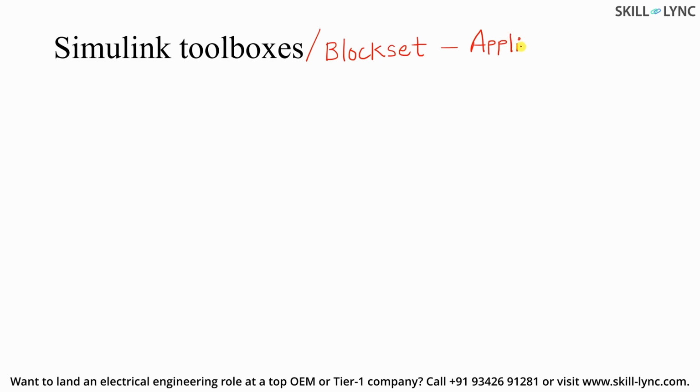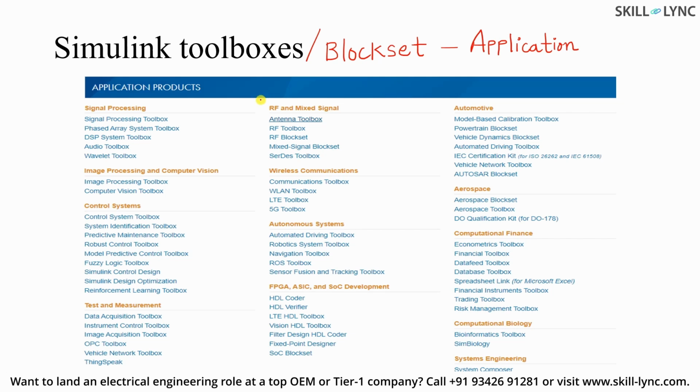Now these toolboxes and block sets are based on applications. Whenever we discuss modeling of any engineering system, we discuss it with a specific application. So according to the type of application, the Simulink toolboxes are like this. There are signal processing toolboxes, purely related to audio and digital signal processing, and there are image processing and computer vision toolboxes.